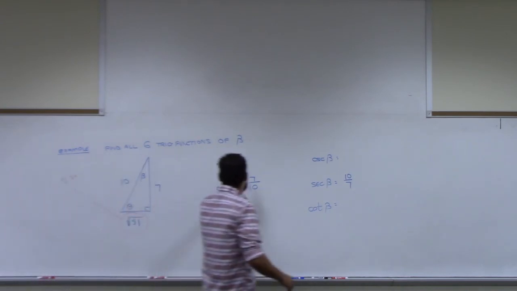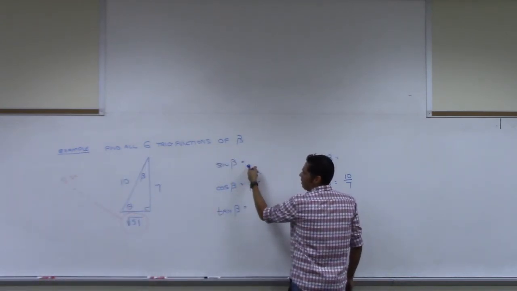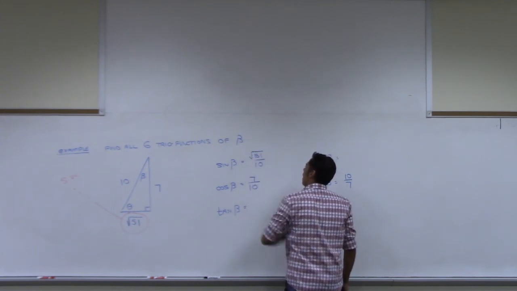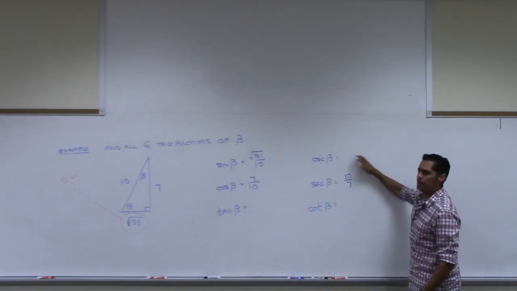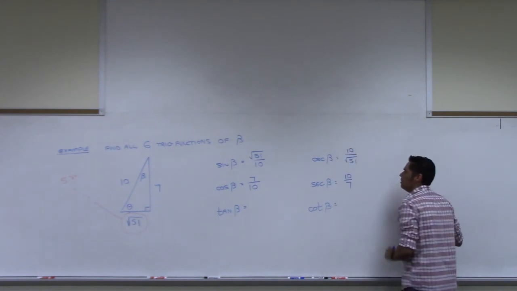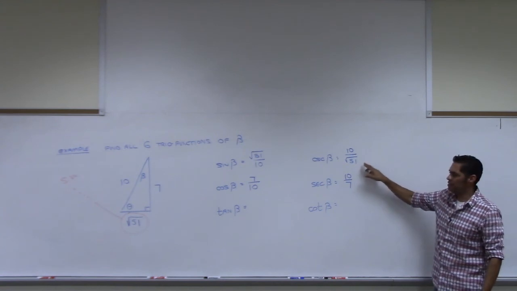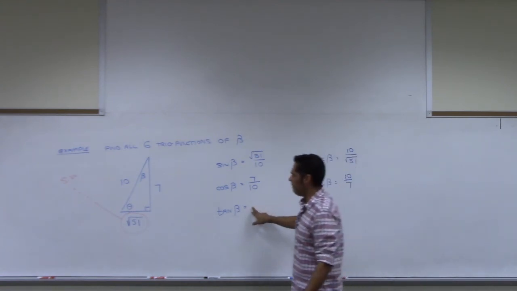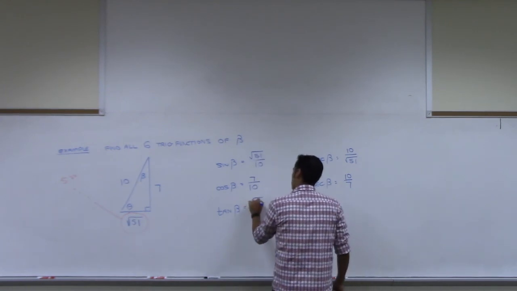So sine, SOHCAHTOA, opposite over hypotenuse, so root 51 over 10. And then this one over here, we just flip it, right? 10 over root 51. I'll revisit this in a second because the square root's on the bottom. How about tangent beta? Root 51 over 7.